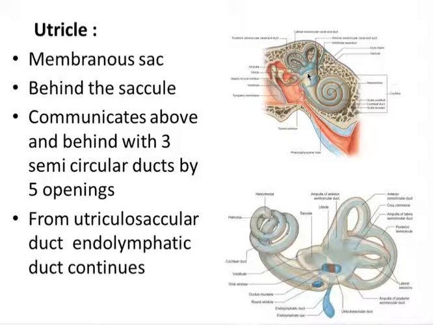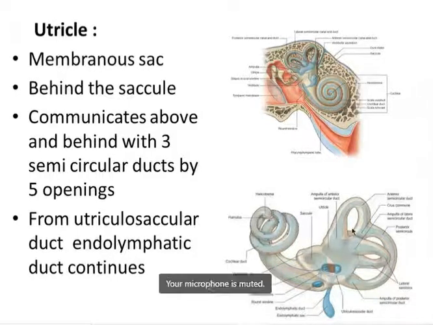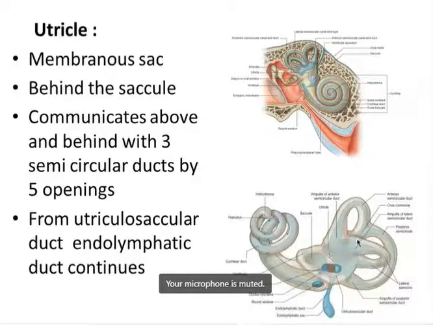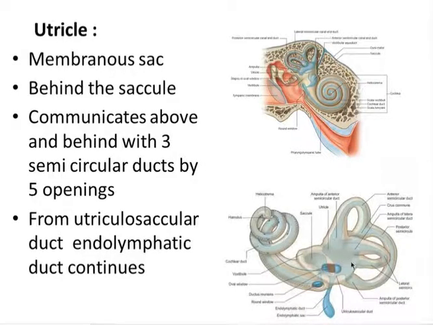You can see in this figure the three semicircular ducts. This is the utricle, this is the saccule. The utricle communicates above with the three semicircular ducts by five openings, and from the utriculosaccular duct again arises the endolymphatic duct.